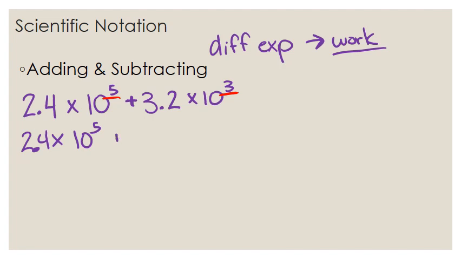Now the second one, if I want to make this a 5, then I have to do a little bit of work. If I increase the exponent, that means I go to the left with my decimal. I added 2, so I'm going to go left 2. So I end up with 0.032 as my new number out front.